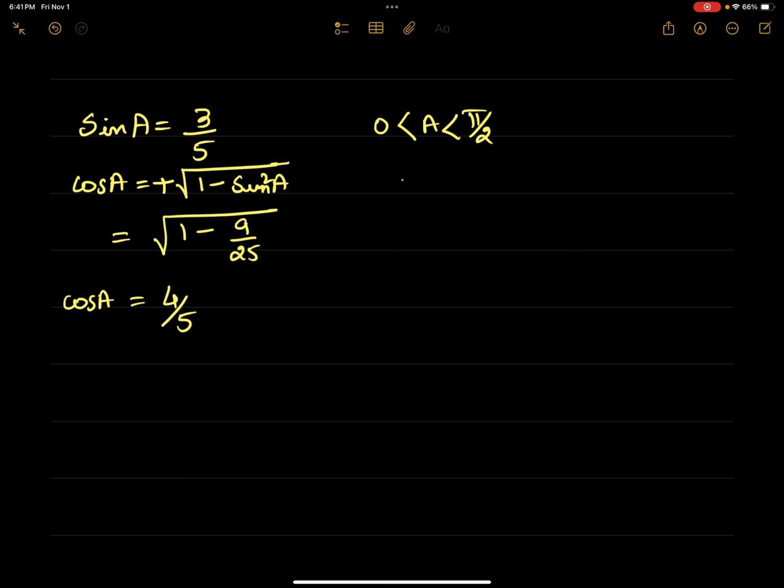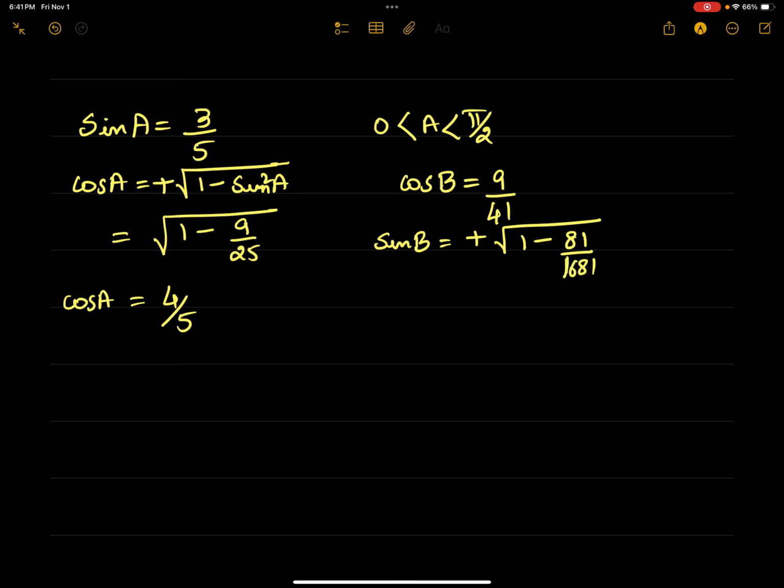Now another piece of information given to us is cos B is equal to 9 by 41. Correct? So sine B would be equal to the positive square root of 1 minus cos square B, which is 1 minus 81 divided by 1681.